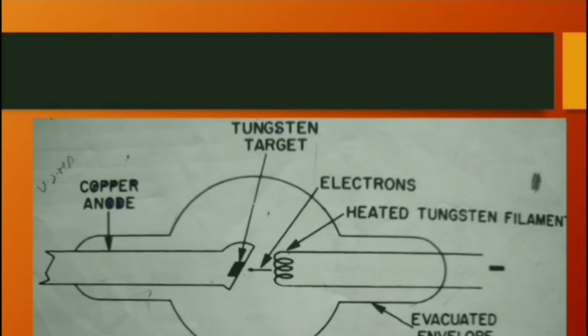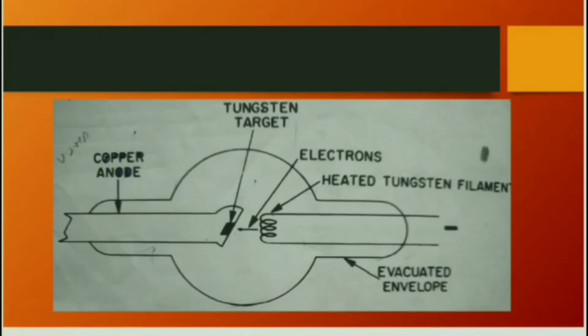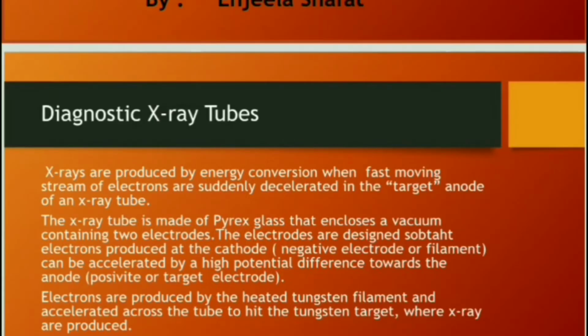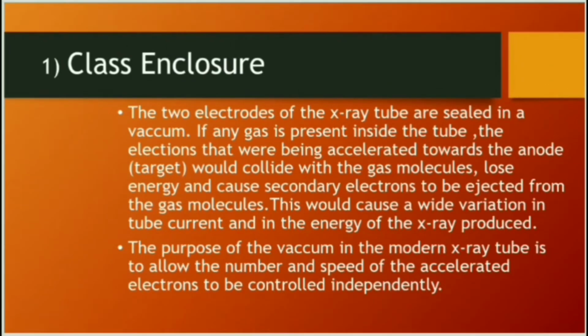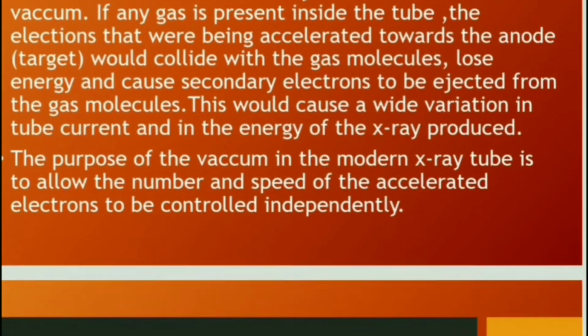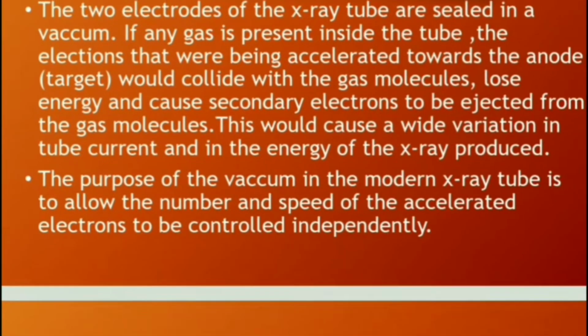Now let us move forward towards the design of the X-ray tube. Let's go towards the first part of the X-ray tube, which is the glass enclosure. I hope you can observe it and see it very clearly.